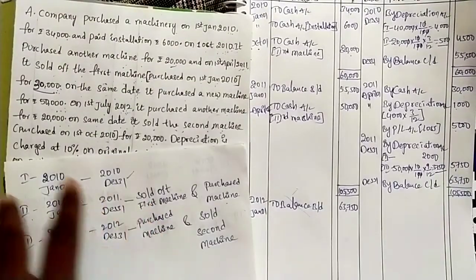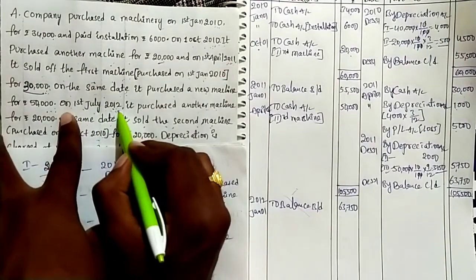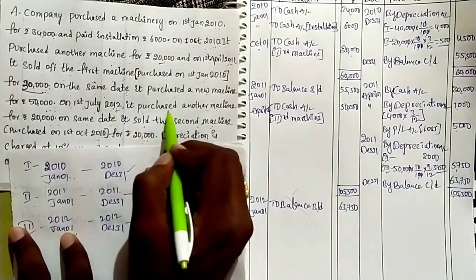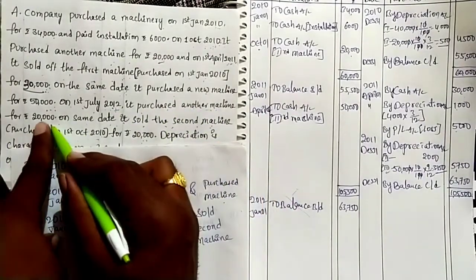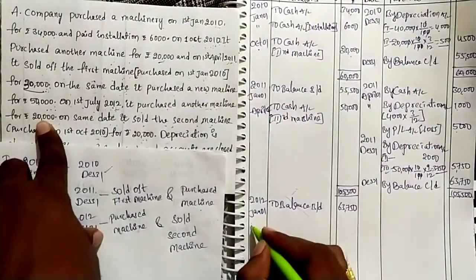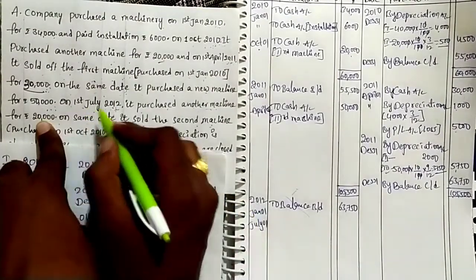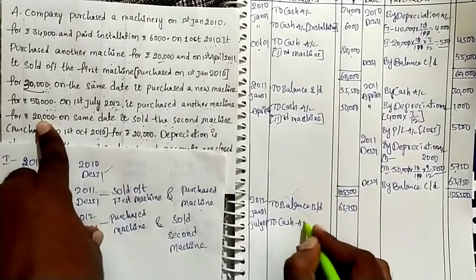On 1st July 2012 it purchased another machine for 20,000. At the time of purchasing, machinery account is debited, so we have to write in the debit side first, July 1st, to cash account.